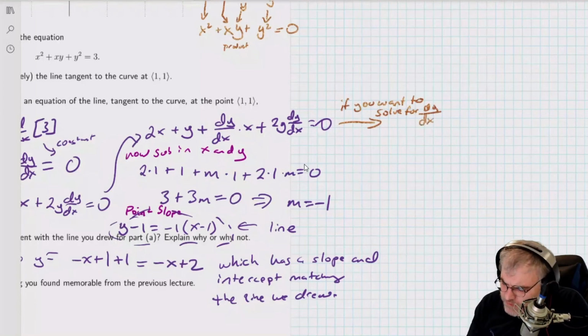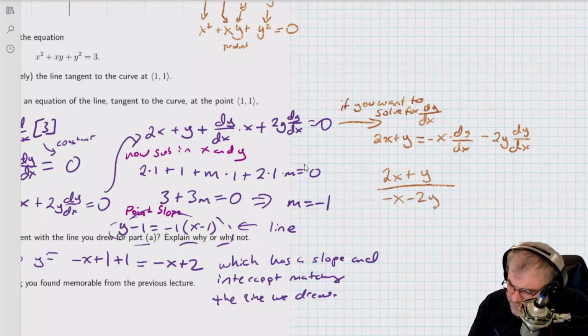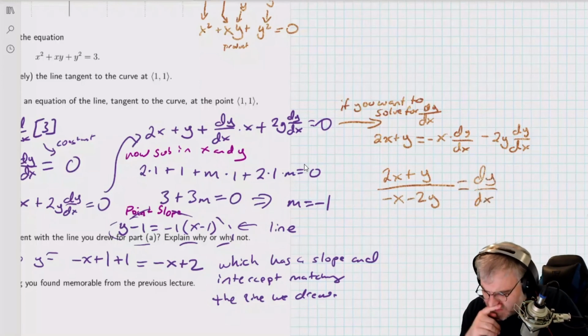So if the question made me solve, this would become 2x plus y equals negative x dy over dx minus 2y dy over dx. So I wind up with 2x plus y over negative x minus 2y equals dy over dx. So if you want to solve it, that's what it looks like.